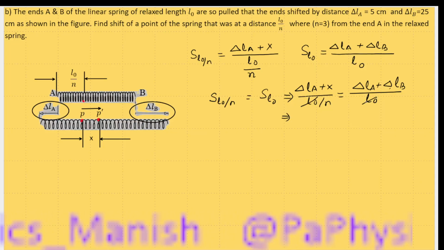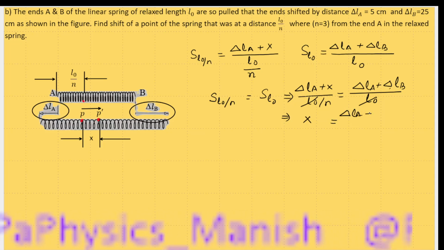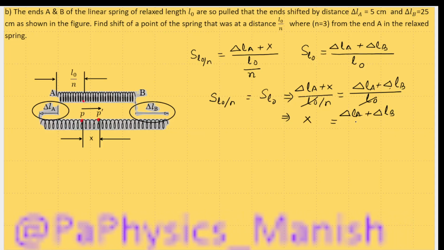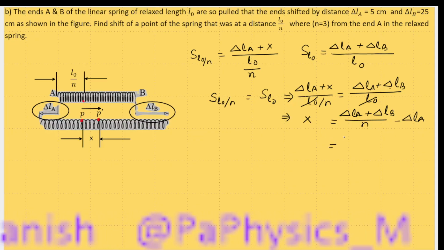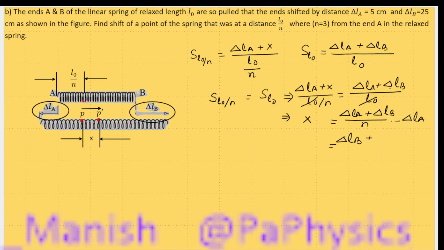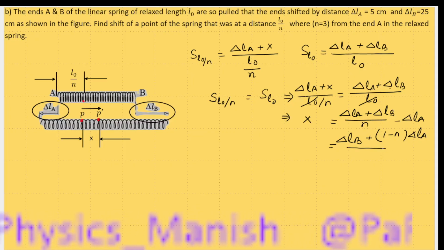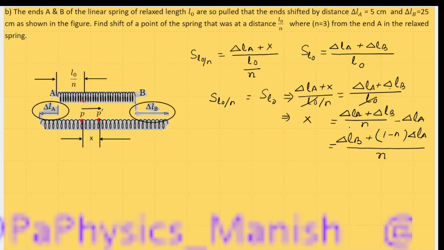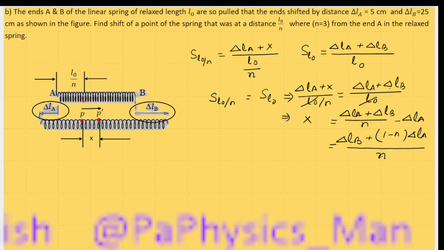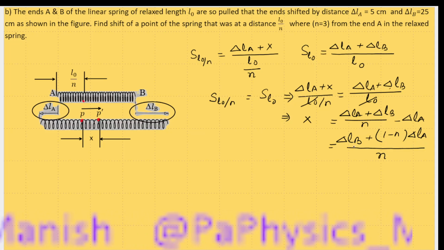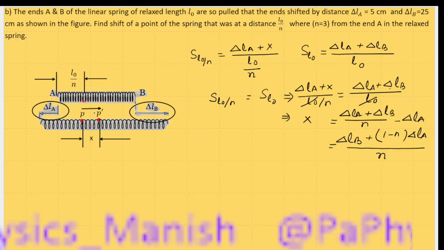So L0 will cancel. x will be delta LA plus delta LB by N minus delta LA, or we can write it as delta LB plus 1 minus N into delta LA, divided by N. If you put in all the values, because you know delta LB, delta LA and N, then whatever value you get, if it is positive, the rightward direction we have shown is correct.